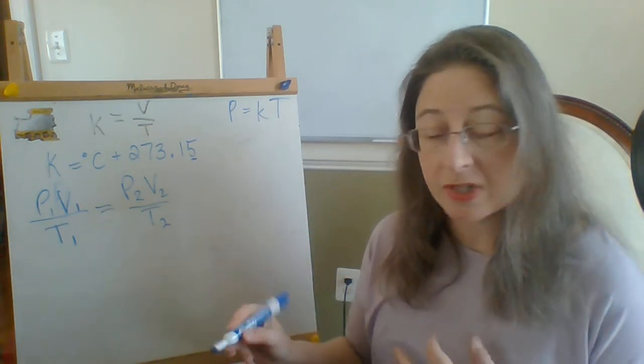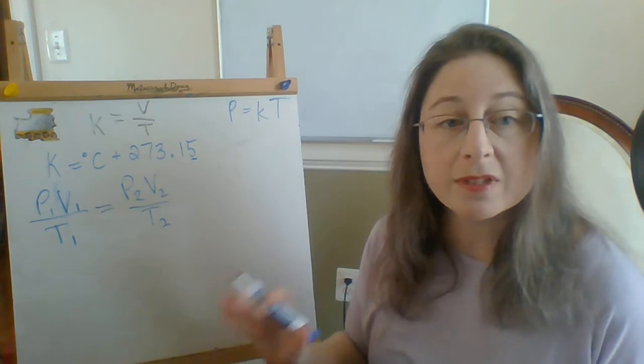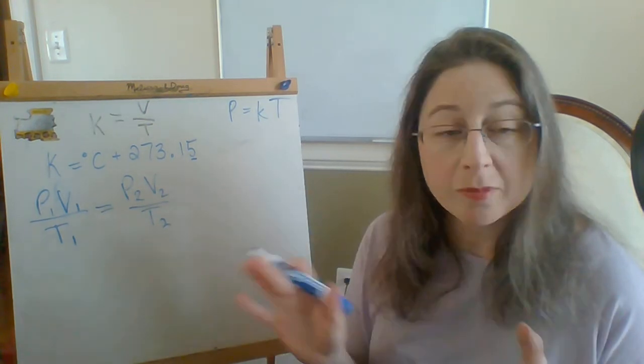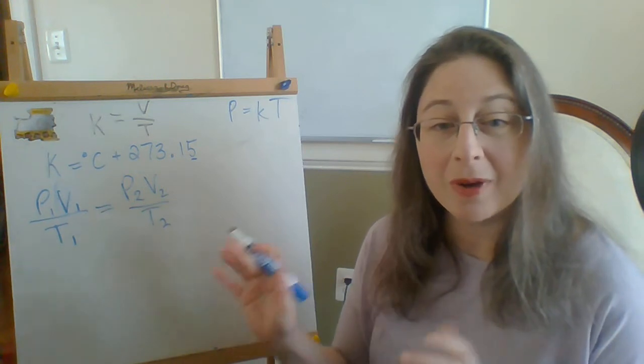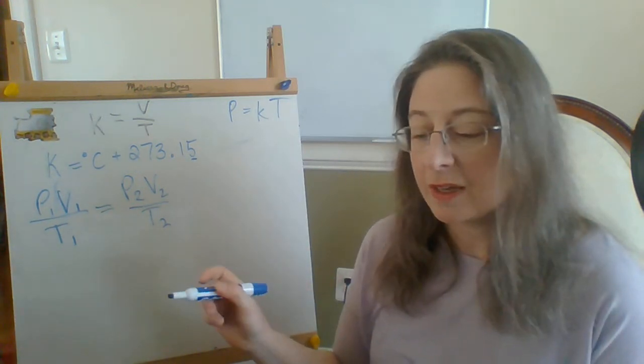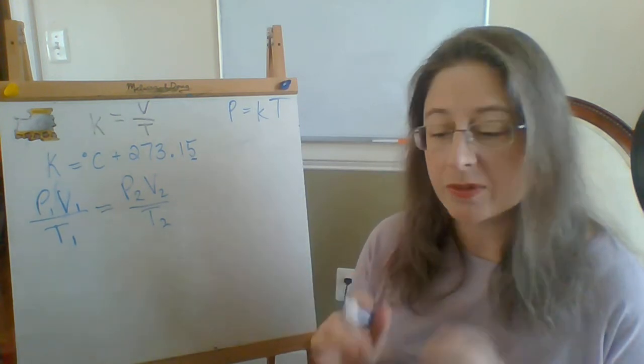Standard temperature and pressure and standard conditions are two things that you need to know from memory, so that if I just say in a problem, oh, we're working at standard conditions, you know the values. And if I say we're working at standard temperature and pressure, you know them too.